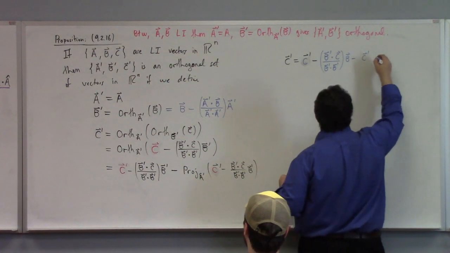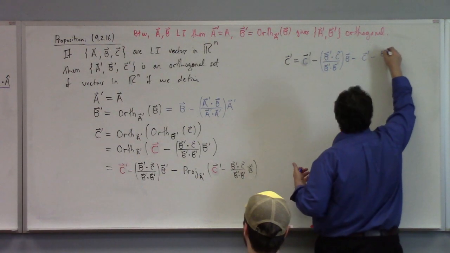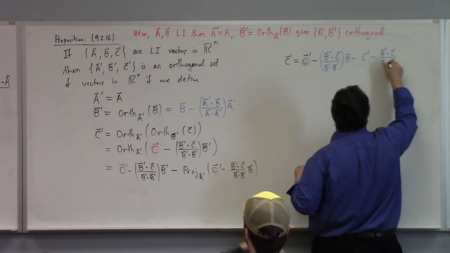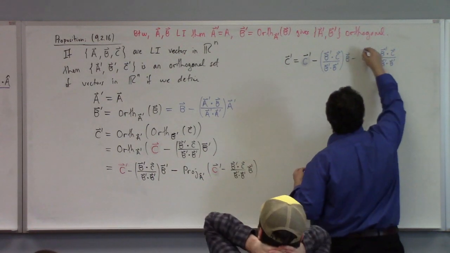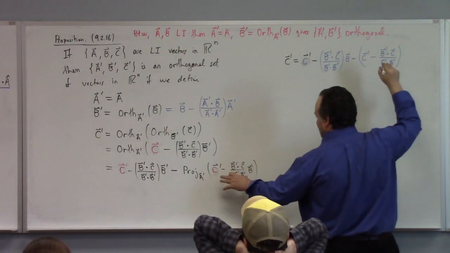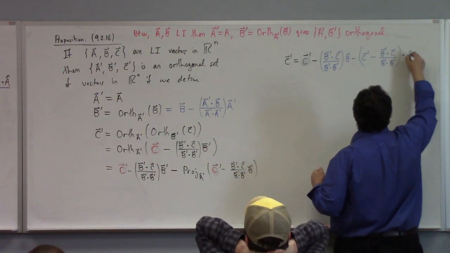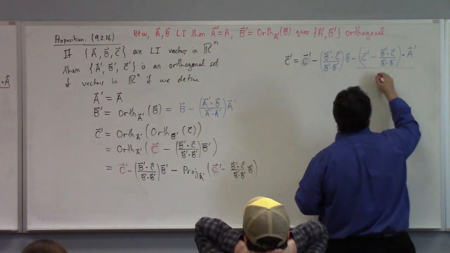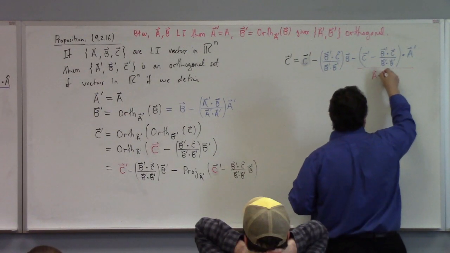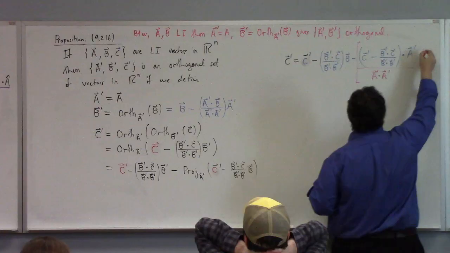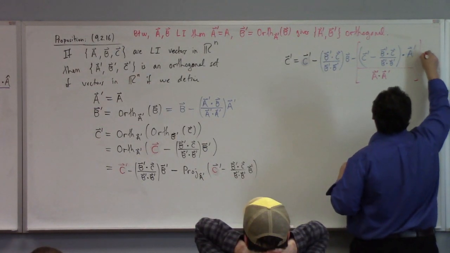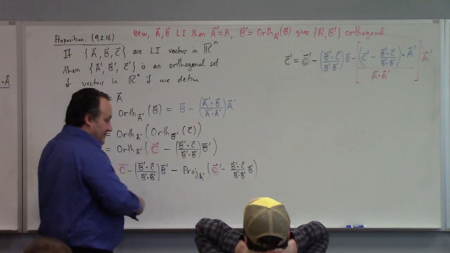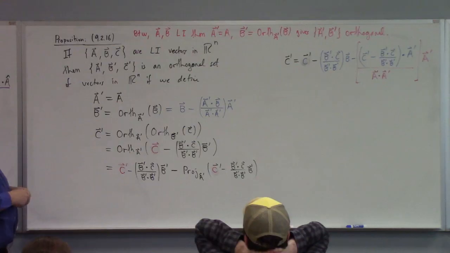We've got C prime minus B prime dot C divided by B prime dot B prime, that vector, dot A prime, watch this, all divided by A prime dot A prime, big old parentheses here, A prime. That's the projection in the A prime direction of that nasty vector there.